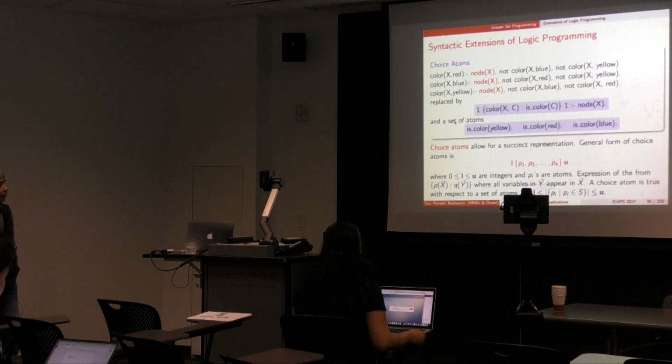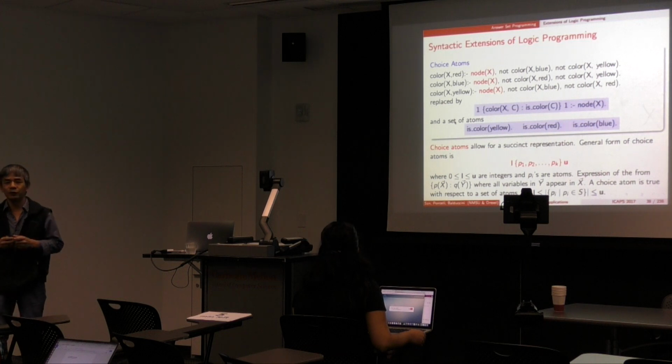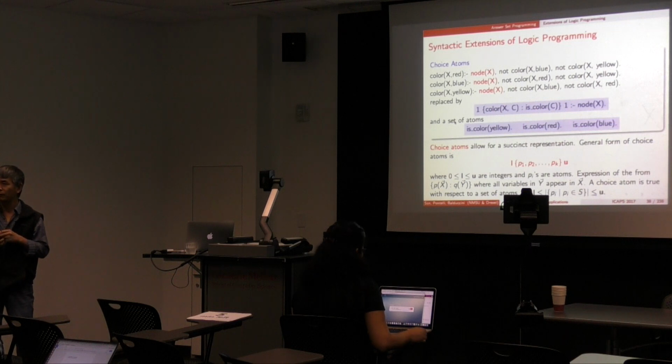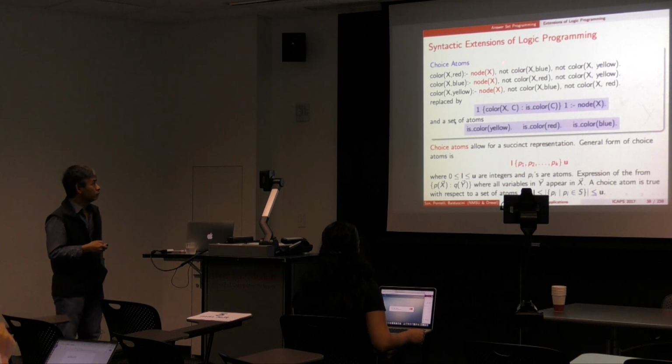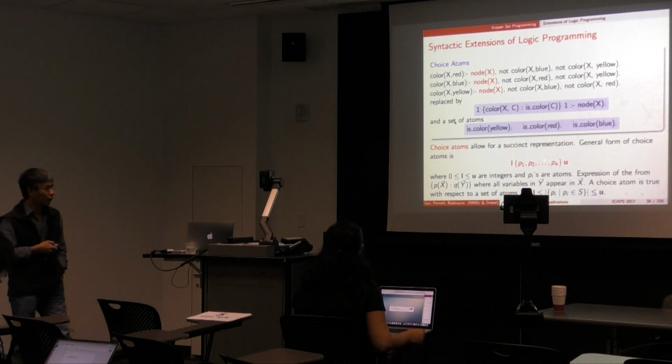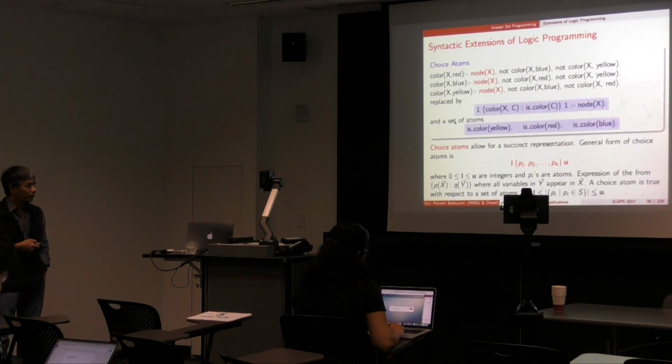Now I will introduce some syntactic extensions of logic programs that make life much easier when we want to solve problems using logic programs. The first thing introduced is what they call choice atoms. Choice atoms have this form: P1 to Pk, with a lower bound and an upper bound.